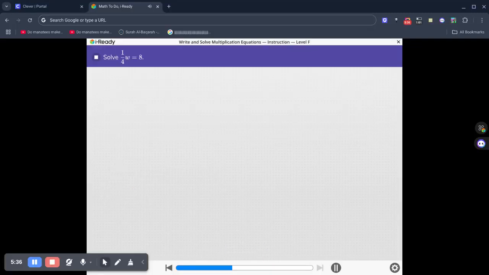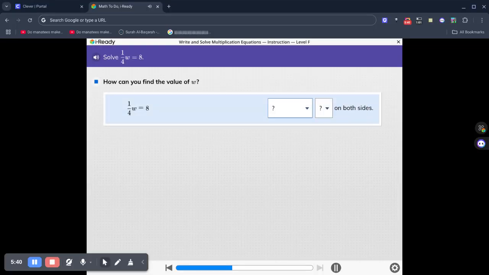Solve 1/4 w equals 8. How can you find the value of w? That's right. Dividing by 1/4 is the same as multiplying by 4.